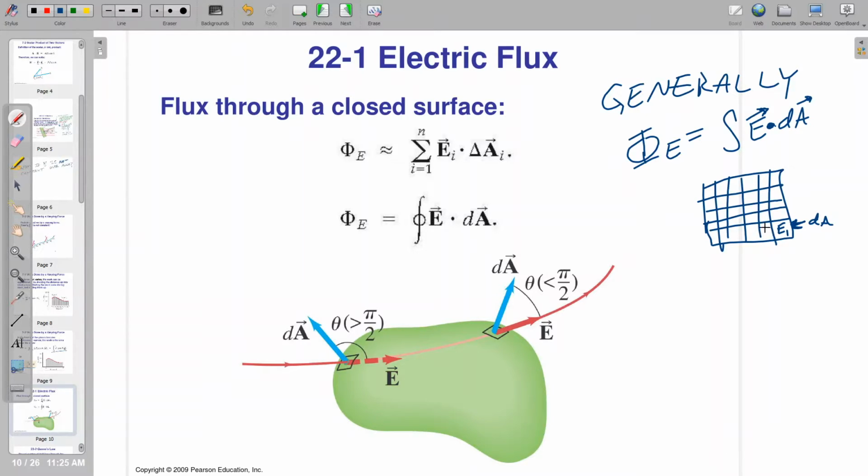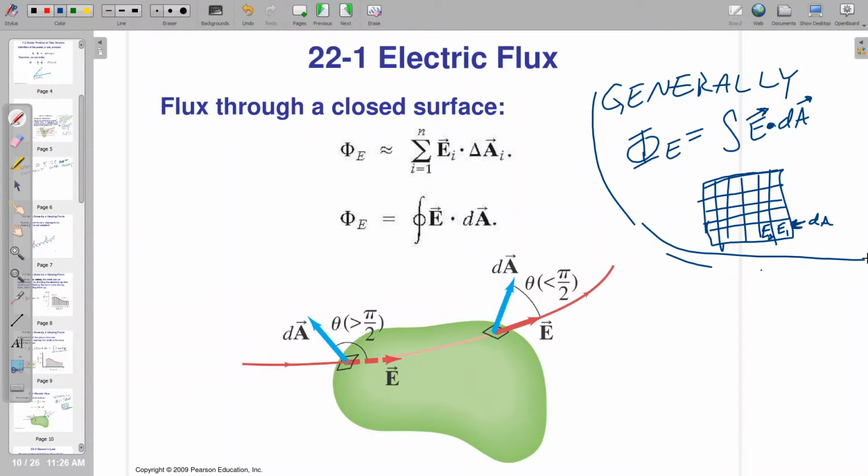And the electric field can be allowed to change over this surface into different values. When you sum these things together, you end up with the proper answer, right? That reflects this change in the electric field over different parts of the surface. Okay, so this is true in general.